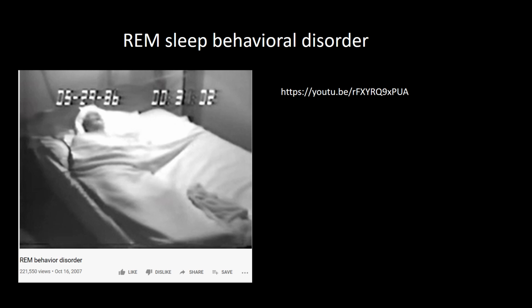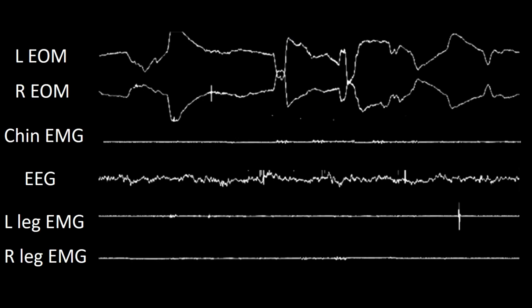REM sleep behavioral disorder is better understood if we understand normal REM sleep physiology. Normally, during REM sleep, there are rapid extraocular movements, as you can see here and here, chin EMG tone is low, and legs do not move.